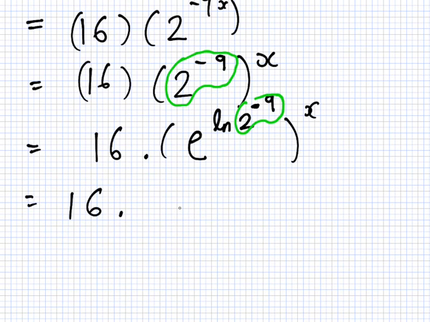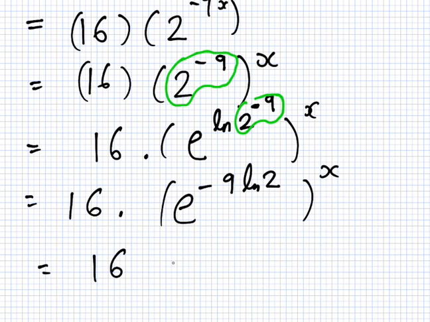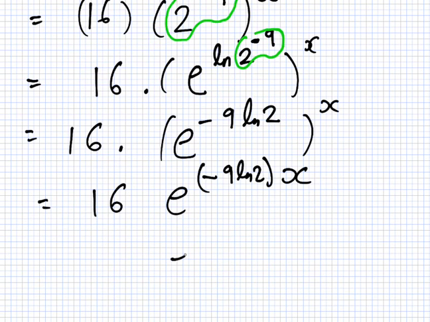This is 16e^(-9 log 2 · x). And then finally, the x can multiply in: 16e^(-9 log 2 x). By the way, what is minus 9 log 2? It's minus 6.2, give me another place, 6.24.